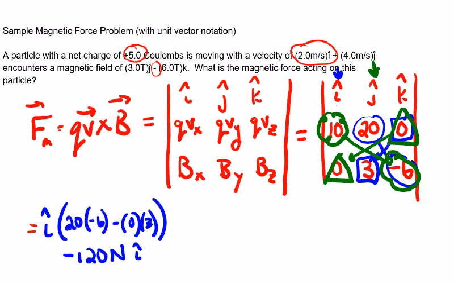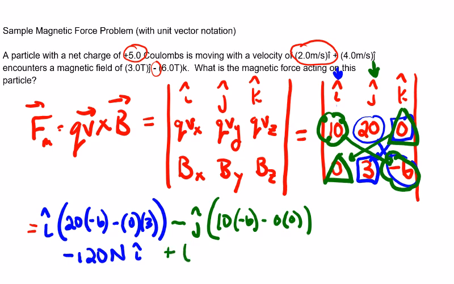But the other key thing is you always do positive I minus J times that. So it's going to be 10 times a negative 6 minus 0 times 0. That's going to be negative 60, but we're going to subtract it. So the negative and negative is going to make this plus 60 newtons in the J direction.